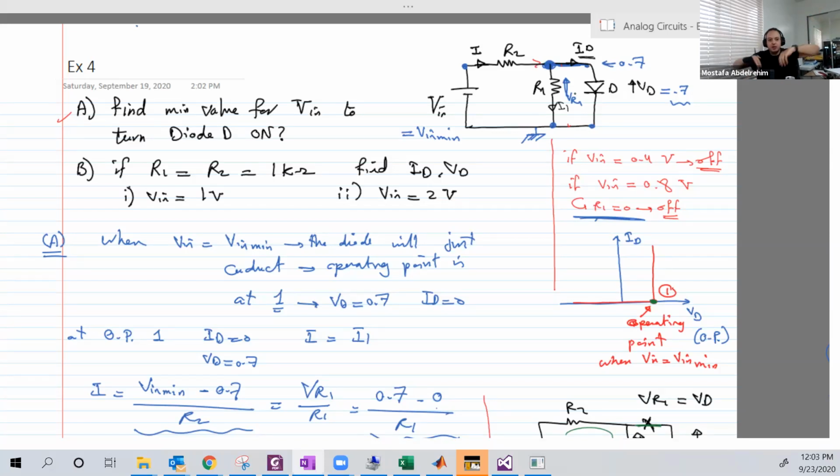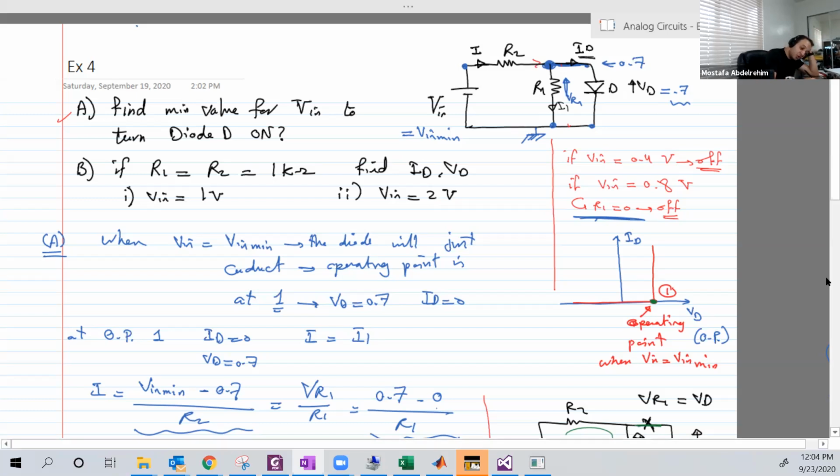With voltage divider, with some positive values of the input, the voltage divider still holds, still the diode is off, until you have a voltage input that is capable of providing 0.7 to R1. At that point, the diode will be just on the transition point. Current is 0, voltage is 0.7, without doing all of that math.